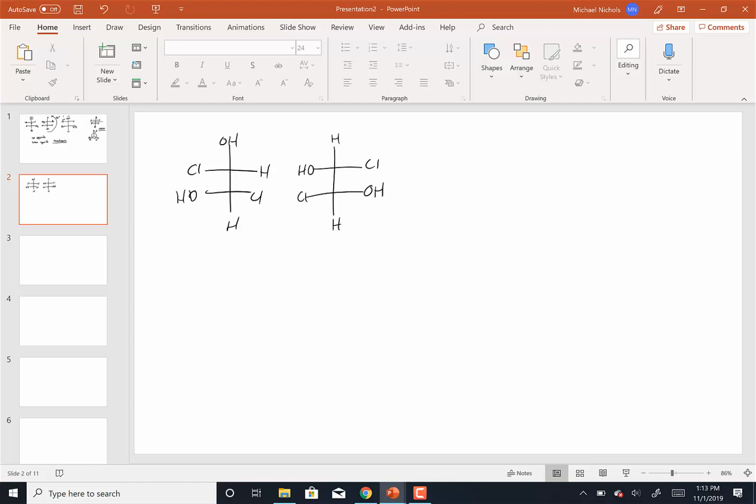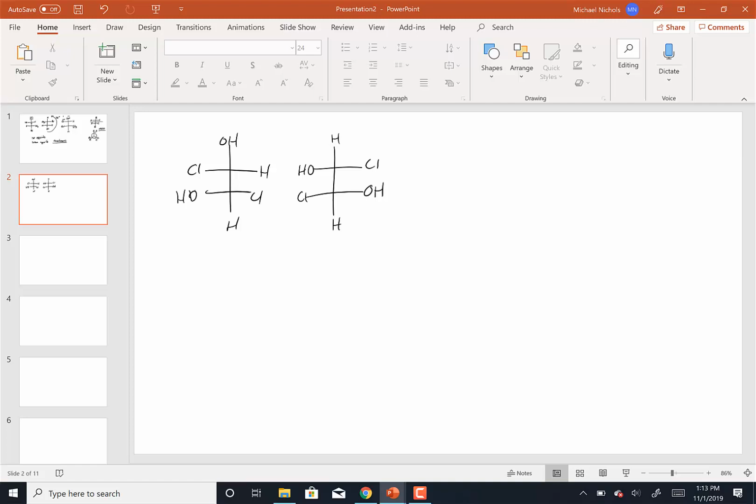Because remember that a meso compound, if it's meso and you don't verify it's meso, is superimposable on its mirror image. So in other words, if it's meso, the RR and the SS will be exactly the same.